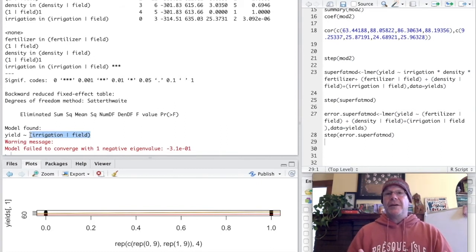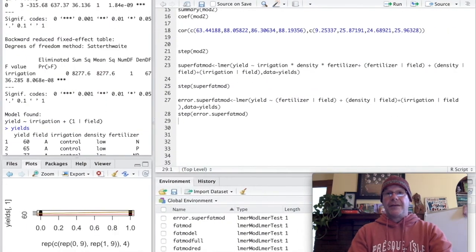But since we're proving to ourselves that this is how it's working, now we have our best model for just the error structure, which again includes irrigation by field. And so now we could explore the fixed effects.